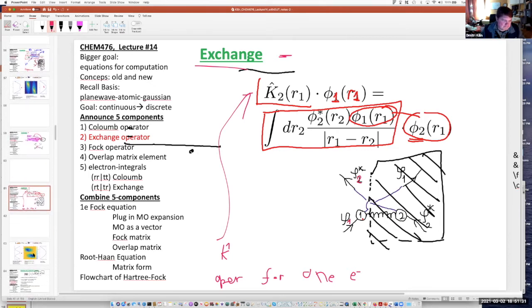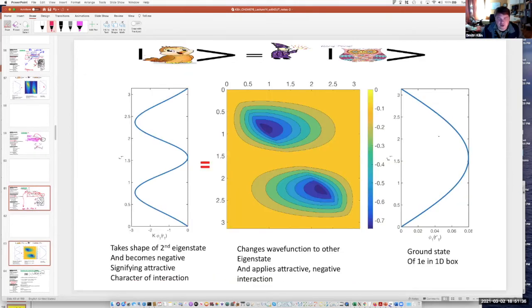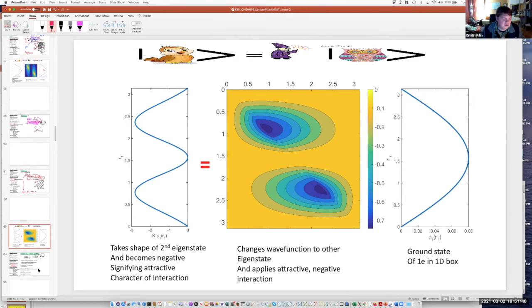A couple of years ago, I was trying to formulate and show graphically how it acts, but again, this graphical thing may not help in getting the concept.